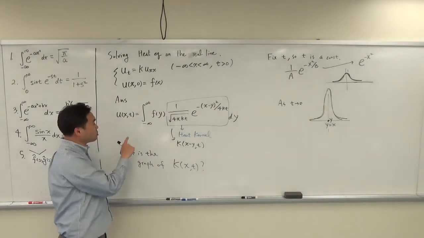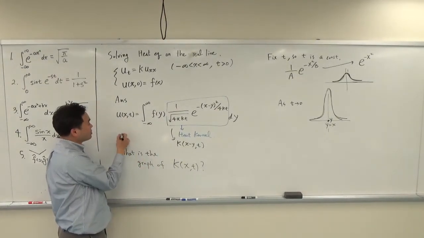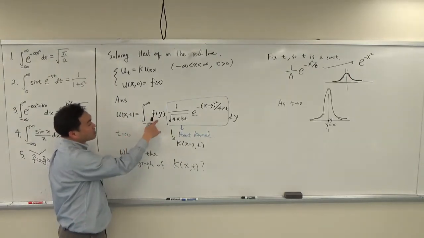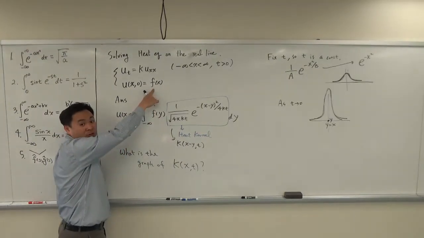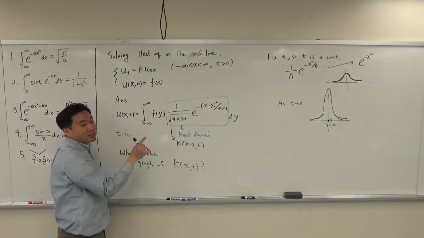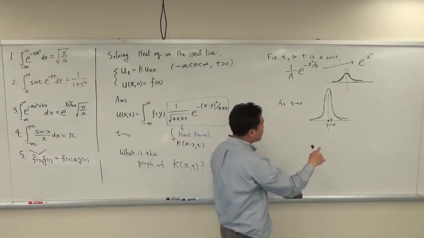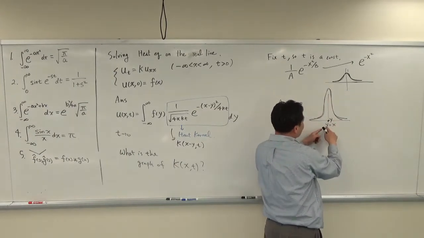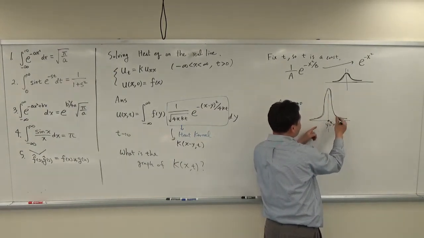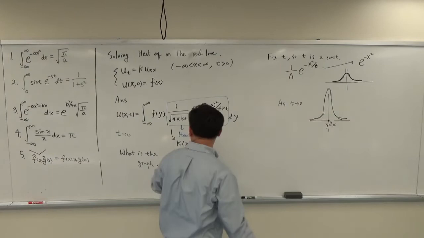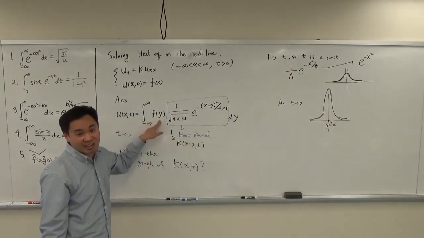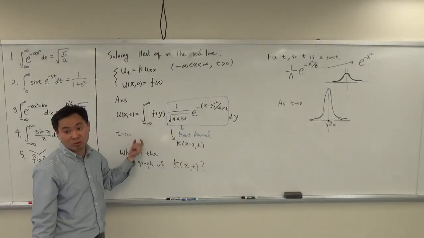We know that when t is sent to 0, this integral better give you f(x), because that's your initial condition. But why does that work? It becomes so large around y equals x that it only picks up the value of f(y) when y is exactly at x. And that's why it just gives you f(x).